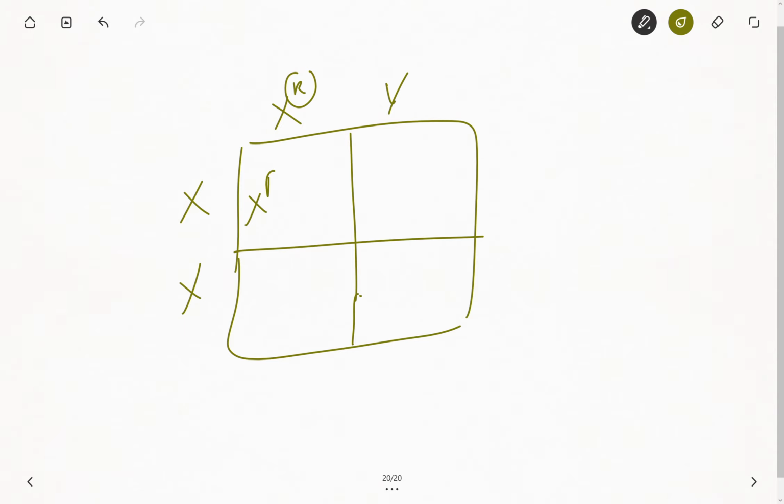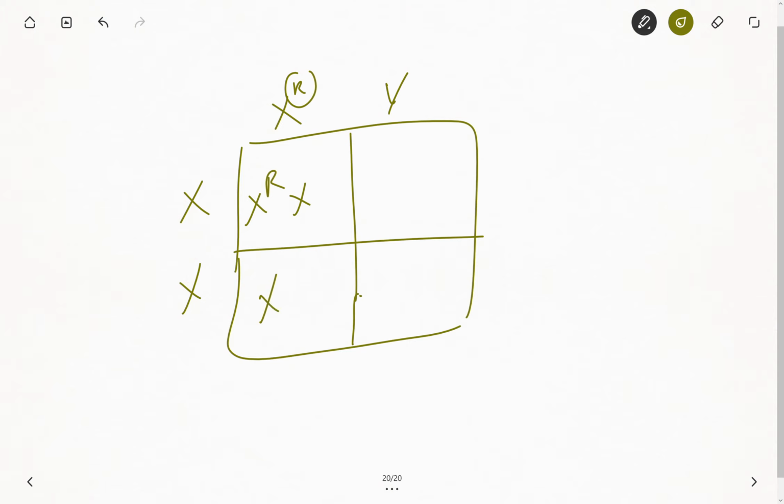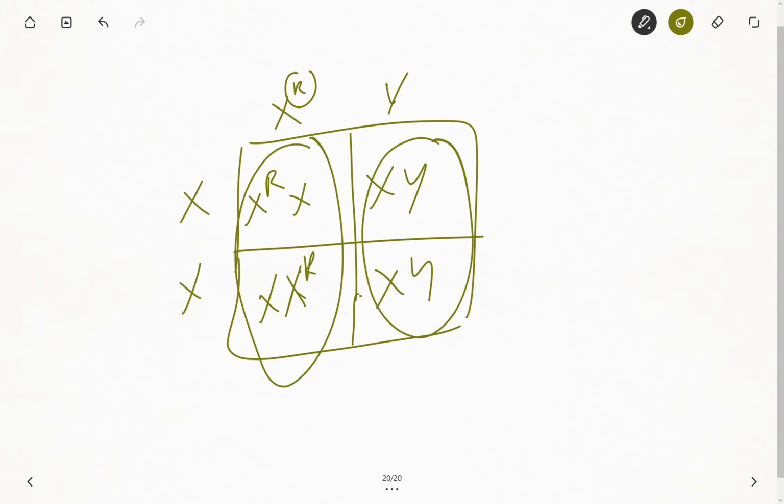So what we will get here is that no male will be affected, but both of the females will be affected.